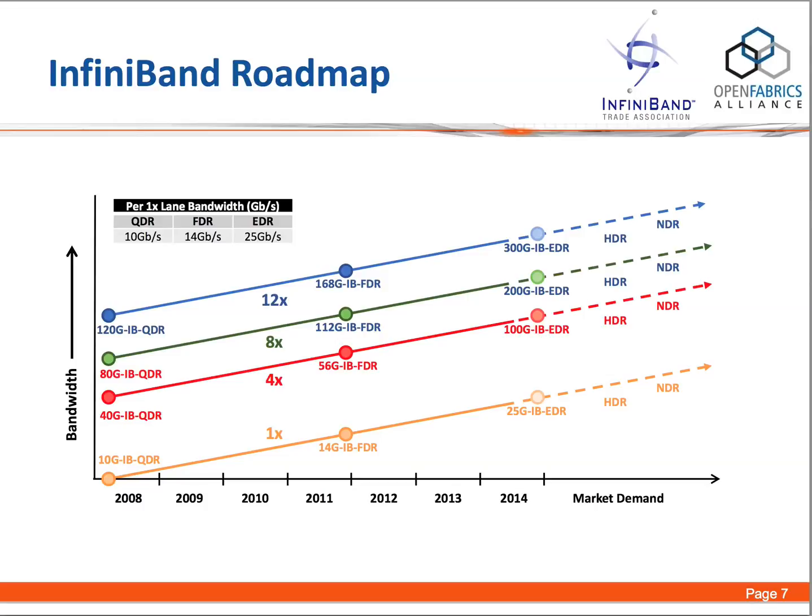As I mentioned, EDR is on the roadmap, slated for production deployment in the 2014 timeframe, with HDR and NDR future speeds to be defined in future releases of the specification. So Rupert, can you give us an update on what's happening in the OFA?